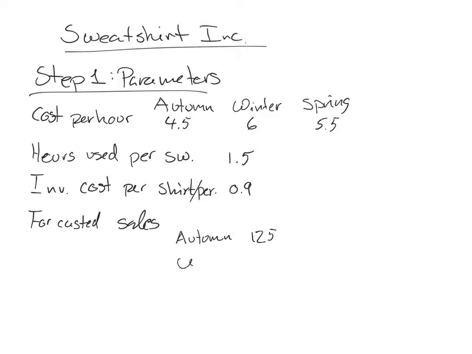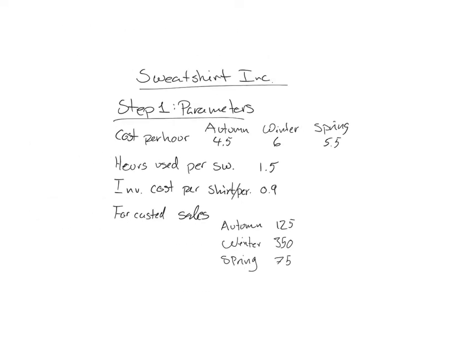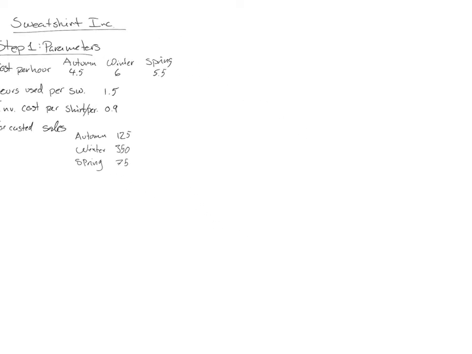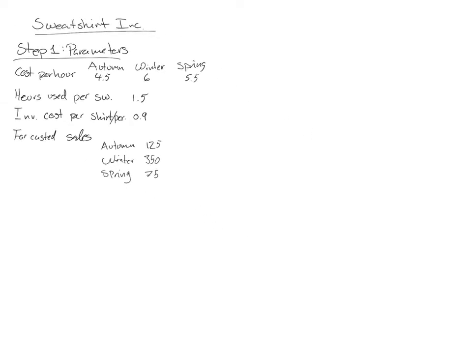In the winter, there's forecasted 350. And in the spring, we expect to sell 75 shirts. Okay. So that's basically all the parameters we need in this model. So let's put that up there and then continue with step 2. And that is the variables.